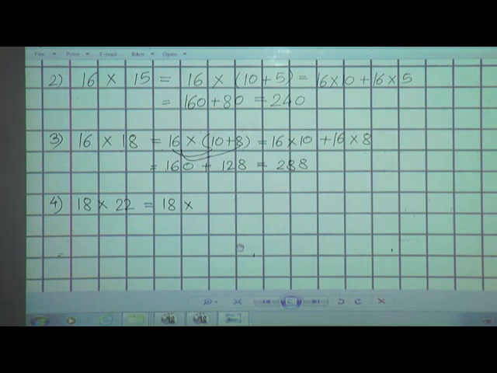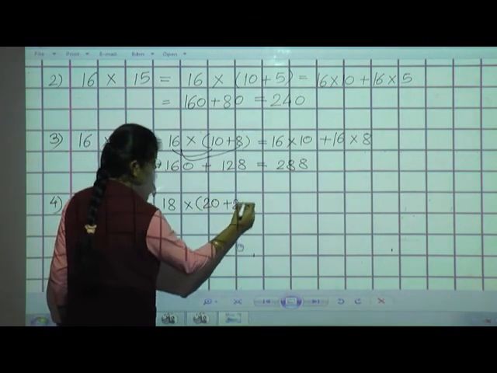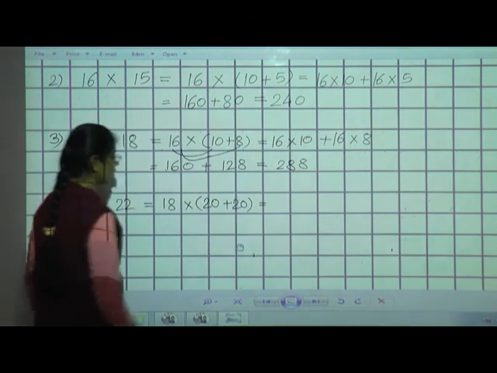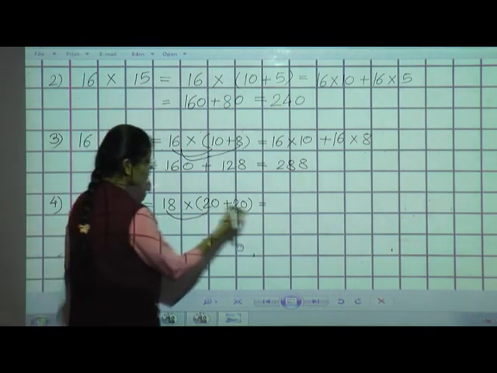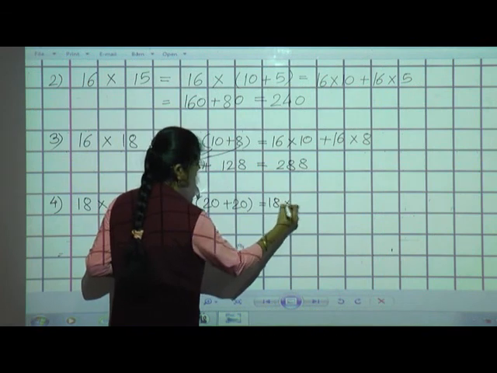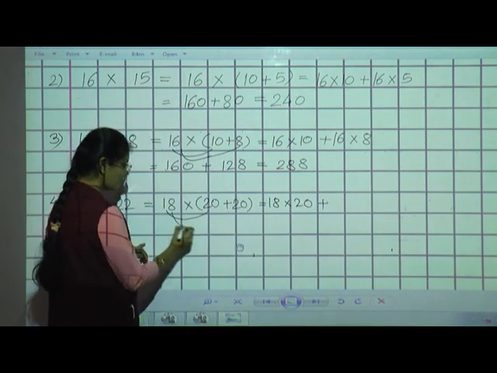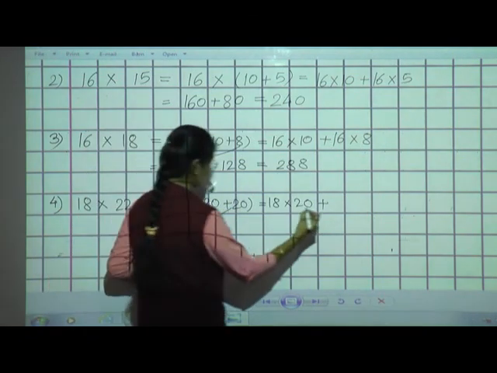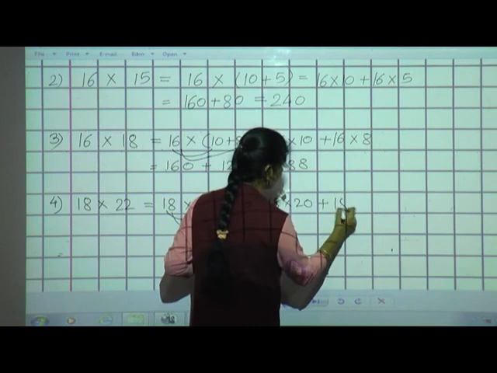Yes, 22 is equal to 20 plus 2. Now in the second step, what we will do? Yes, 18 into 20, first we will do this. Then give a plus sign, because your plus sign is there. And then again 18 into, sorry, here 2 will come. 18 into 2.